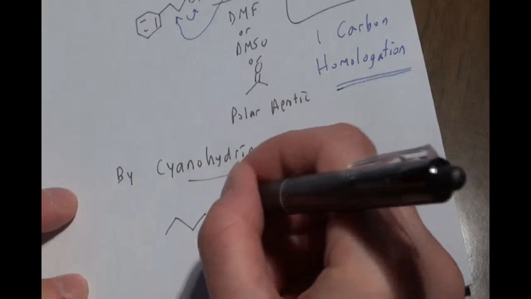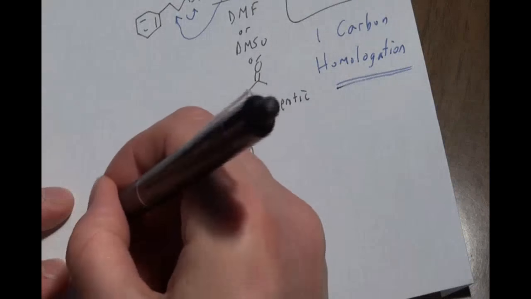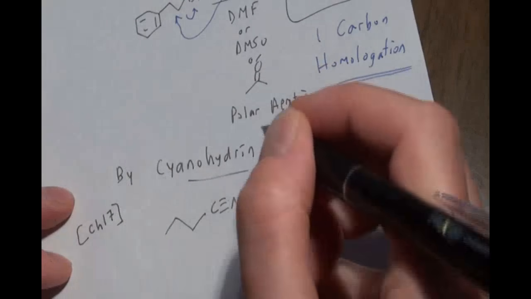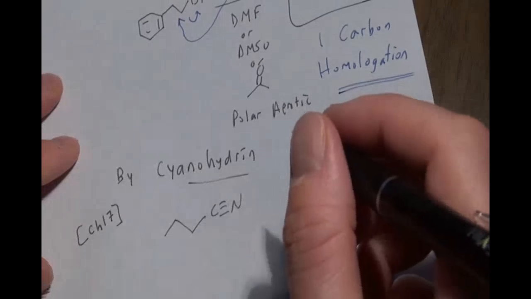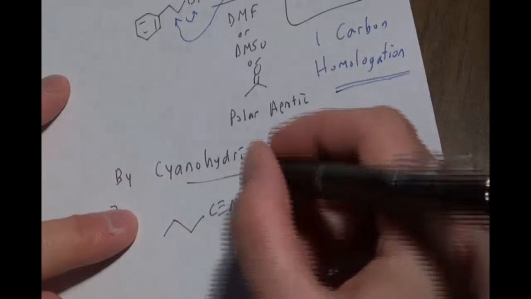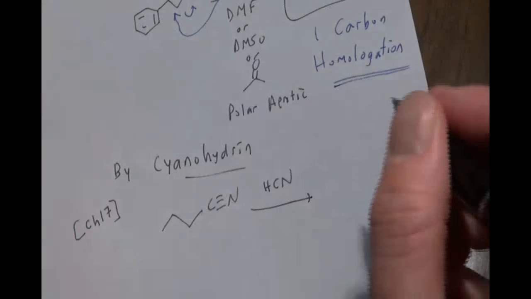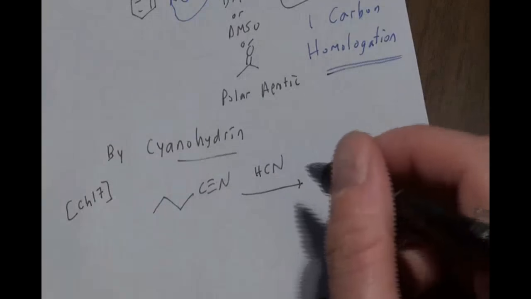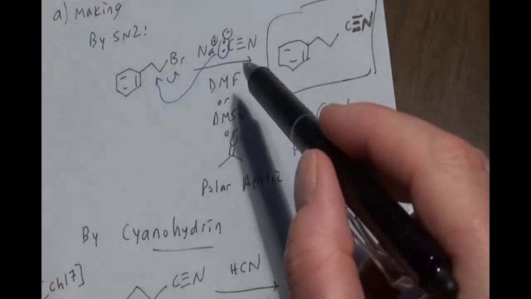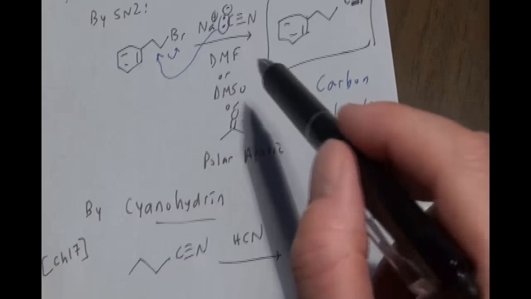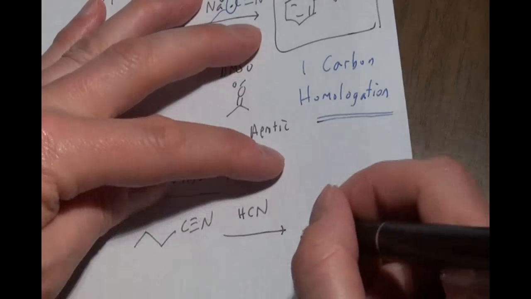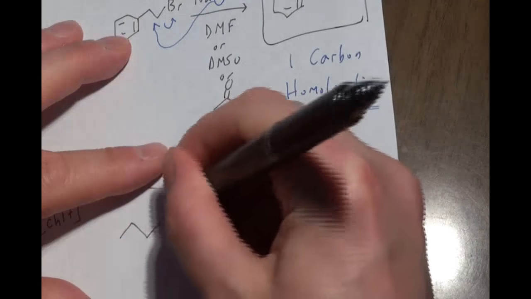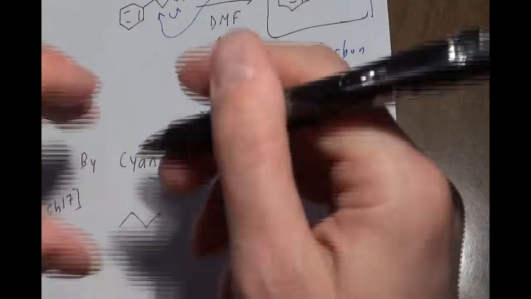So, yeah, I think this is chapter 17. HCN can be used, or you can use NaCN and H plus or something like that. Essentially, whoa, I messed up. It's an aldehyde or ketone. We'll do an aldehyde.